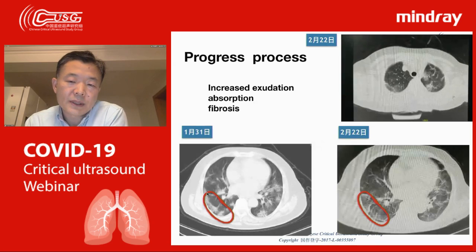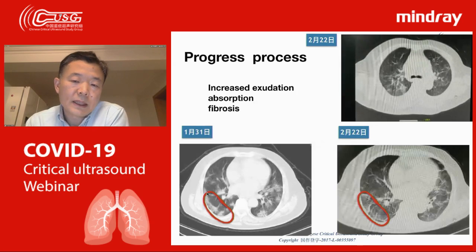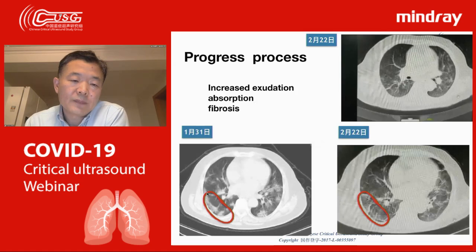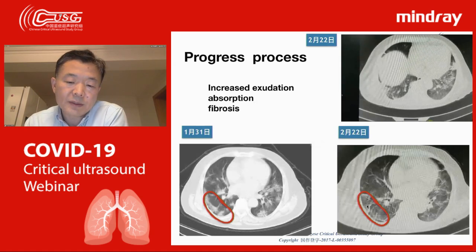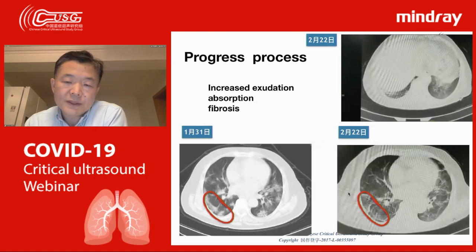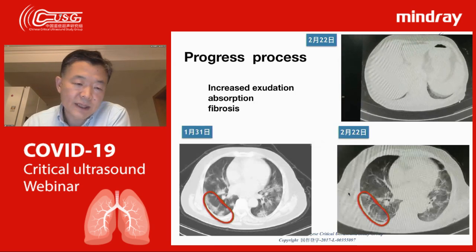mostly close to 20 days after that, the patient's lungs absorption and become more fibrosis. You see here most parts become fibrosis. And the patient's condition at that time is much better than before.